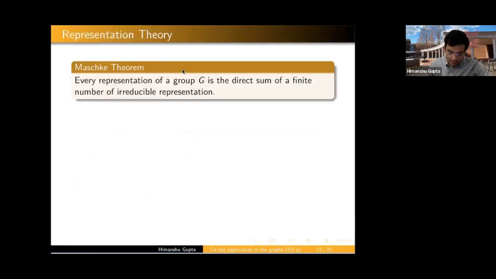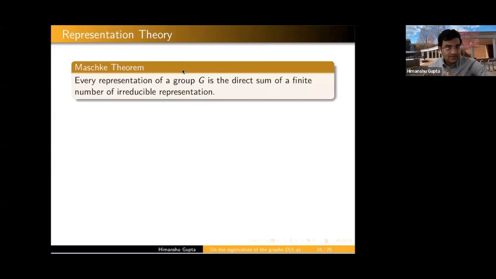Now, this famous theorem in representation theory says that every representation of a group G is the direct sum of a finite number of irreducible representations. It's like every number can be written as a product of prime numbers.